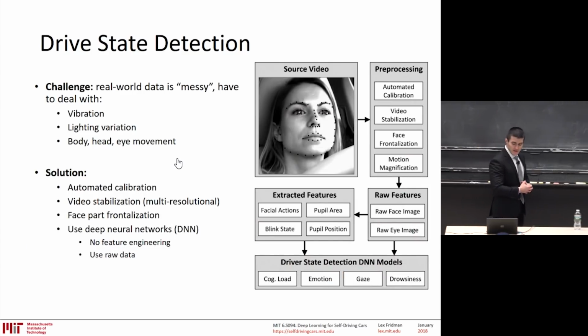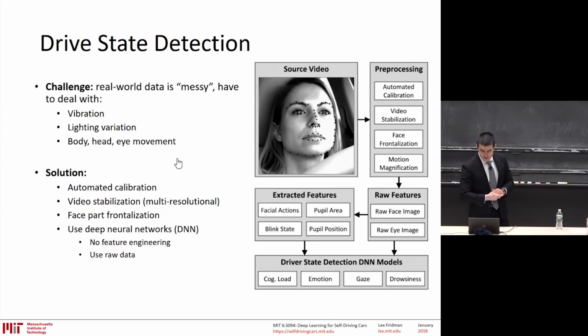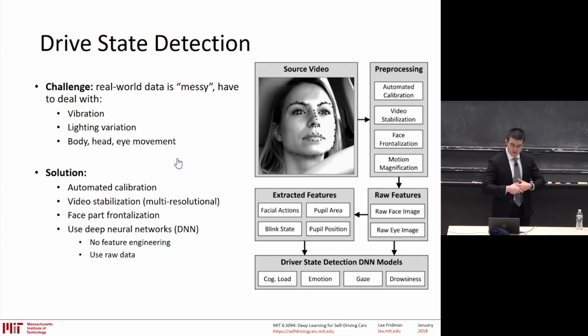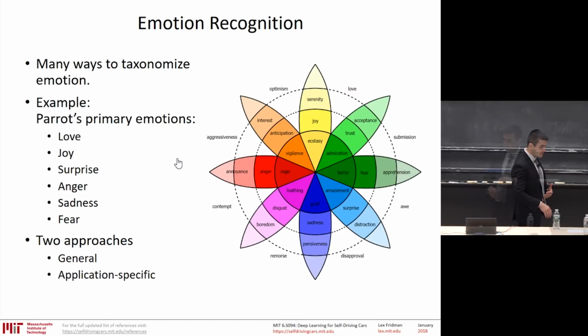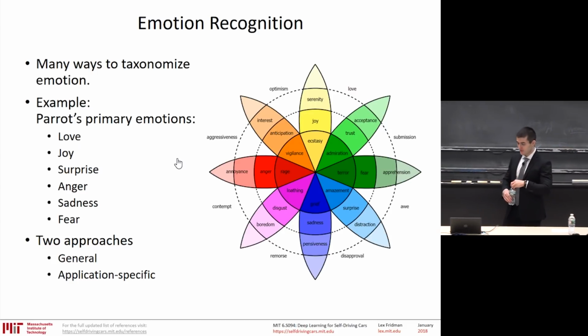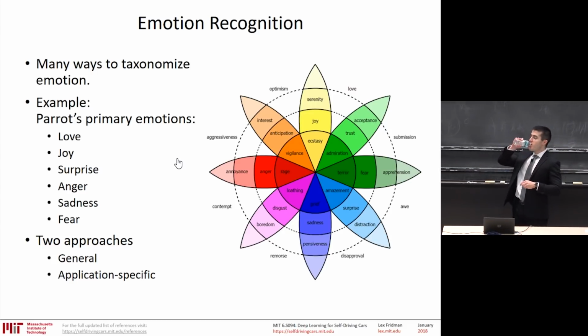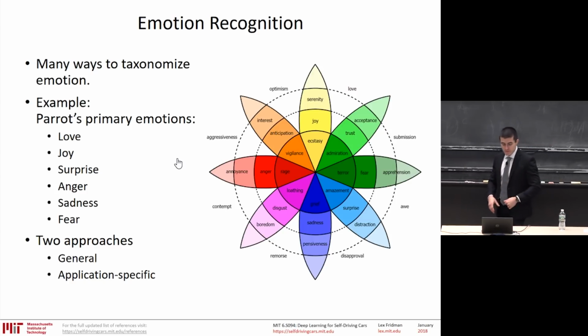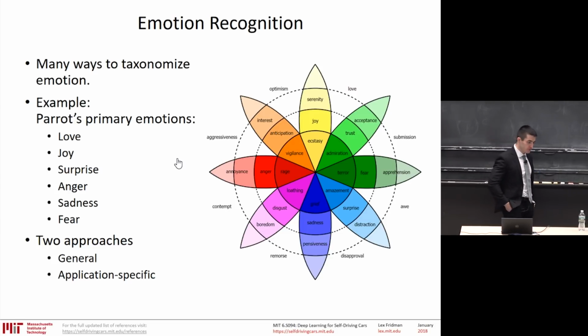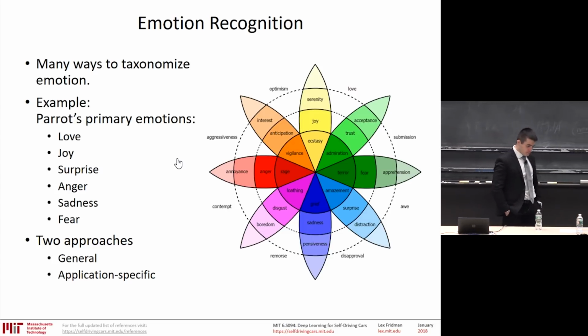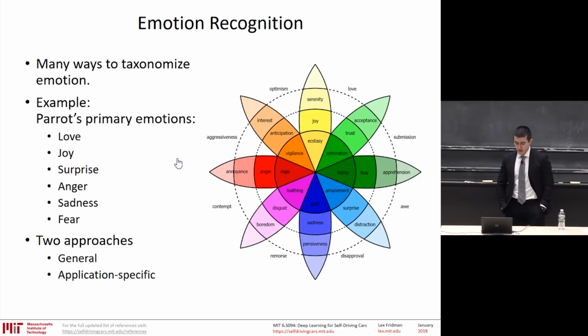Emotion. Human emotion is a fascinating thing. So the same kind of pipeline, stabilization, cleaning of the data, raw pixels in, and then the classification is emotion. The problem with emotion, if I may speak as an expert human, not an expert in emotion, just an expert at being human, is that there are a lot of ways to taxonomize emotion, to categorize emotion, to define emotion.